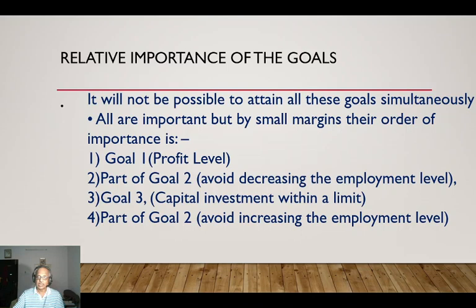So first priority is goal 1, maximum priority, then comes the reduction of the employment level, second priority. Third priority is capital investment must be less than 55 million US dollars, and fourth is the last priority. That means if necessary, you can increase the number of employment level.